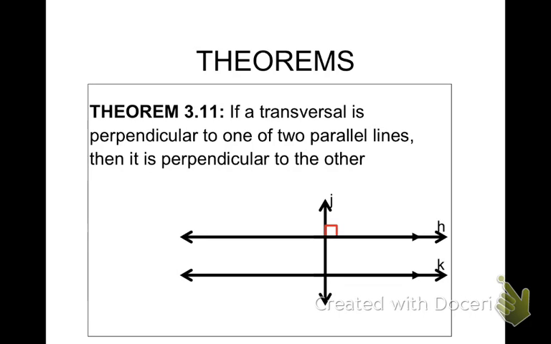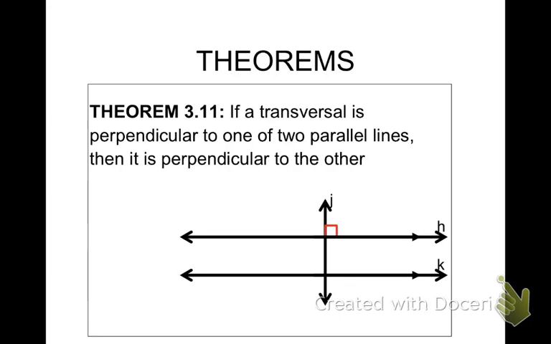So let's wrap our brains around this one. We've got a transversal that's perpendicular to two parallel lines. If this angle is 90 degrees, we know this angle is 90, this angle is 90, this angle is 90. Why would this angle here be 90 degrees? Because those two are parallel. The two lines are congruent.